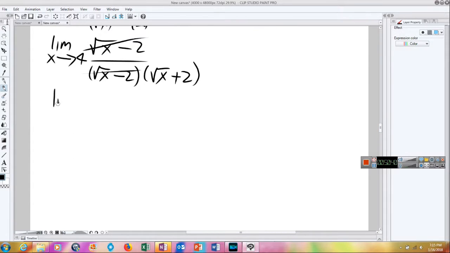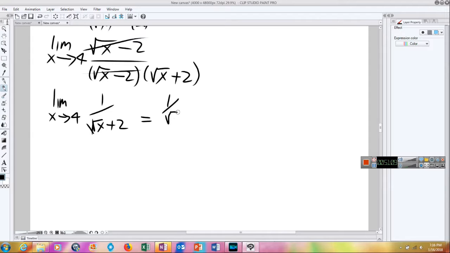When we do that, we get the limit as x tends to 4 for the function 1 over the square root of x plus 2. So now we can put the number 4 in the expression to complete it.